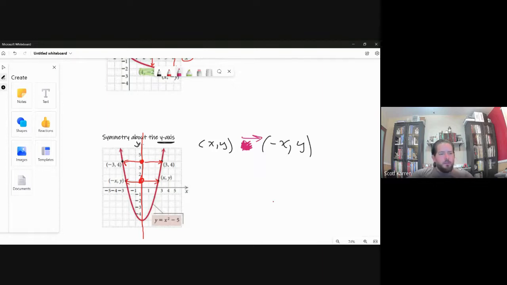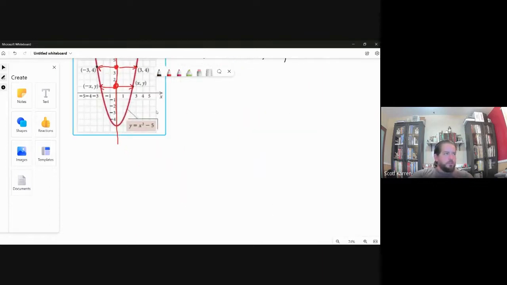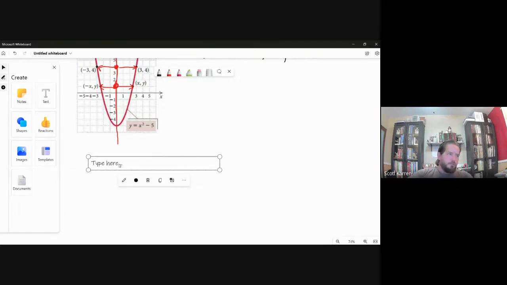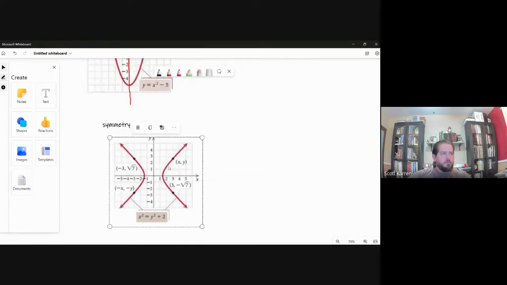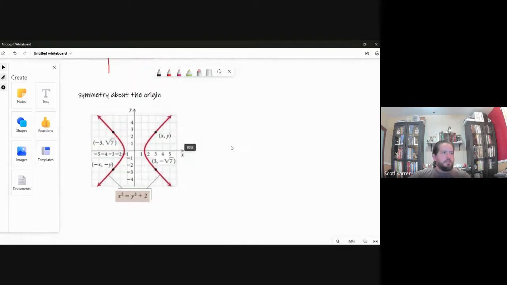And then we have another type, which is symmetry about the origin. And that looks like this. It's a little bit harder to see sometimes, but it looks like this.